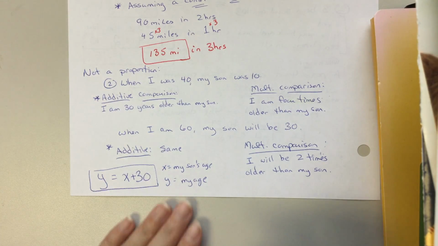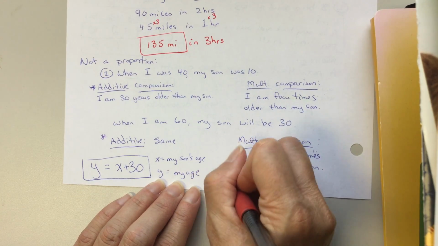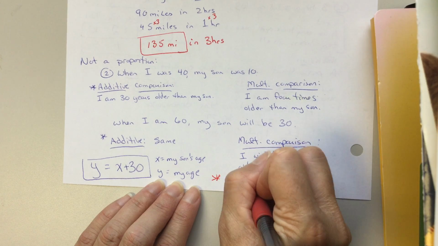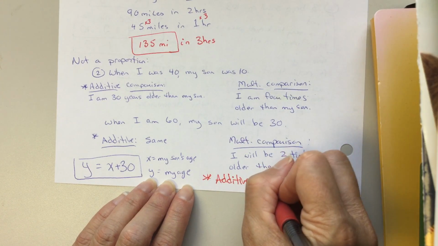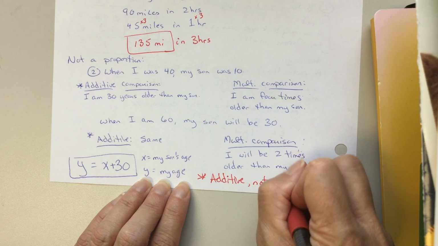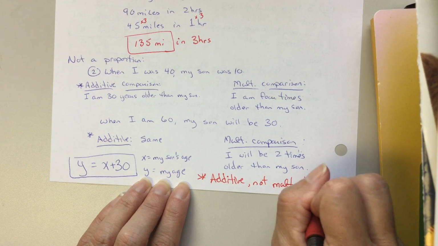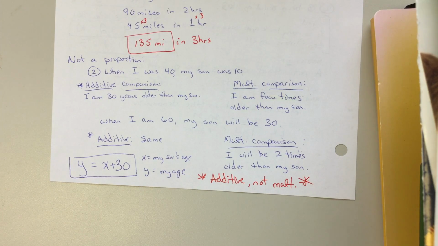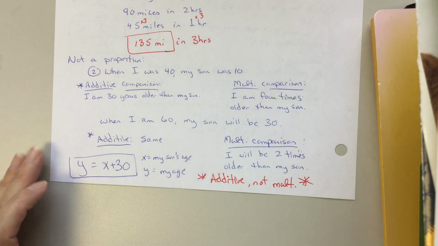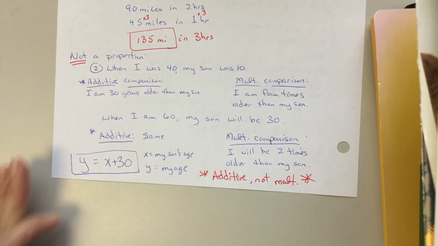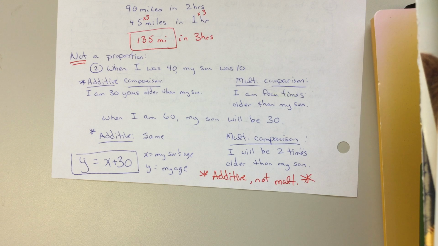So what that means is this relationship is additive, not multiplicative. This is going to be really important for next time, because we're going to see that when we're talking about proportion, proportion is always a multiplicative relationship. It's very, very tied to multiplication. So since this is additive, it is a relationship, but this relationship is not a proportion.